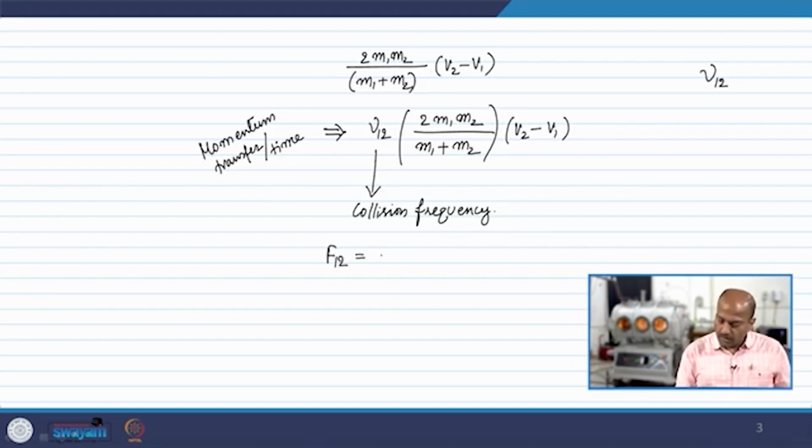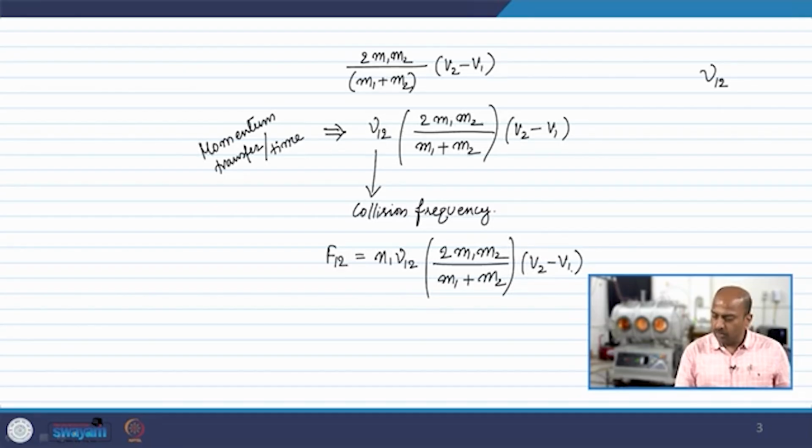The force is N1 nu 12 times 2 m1 m2 by m1 plus m2 times (v2 minus v1). You can derive these relations by simply using the law of conservation of momentum. So, this is the force.